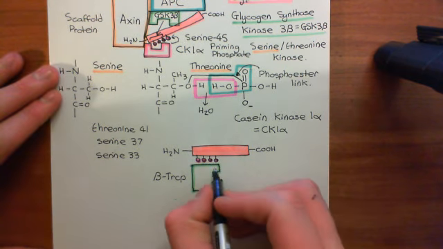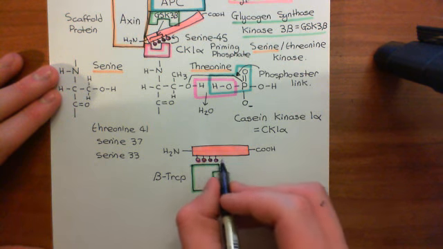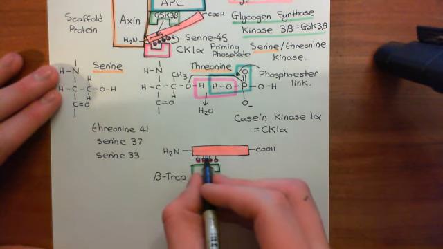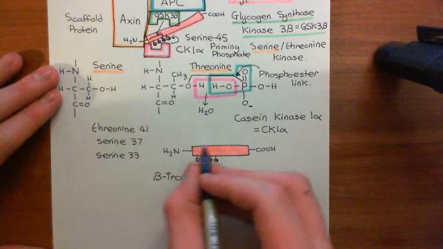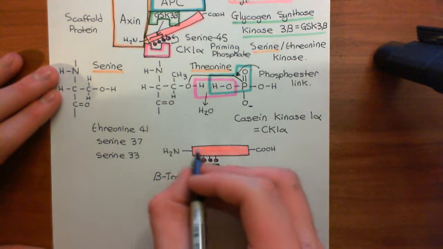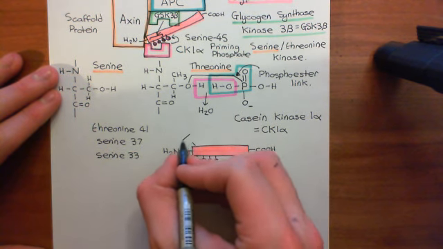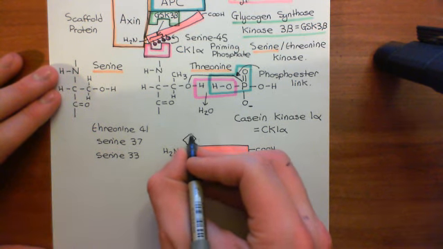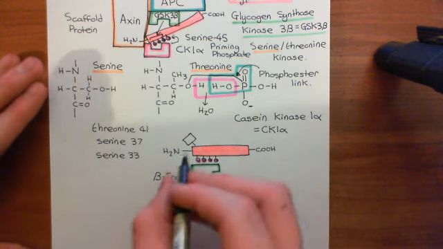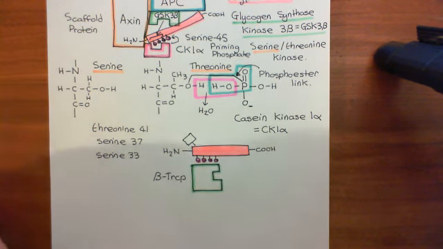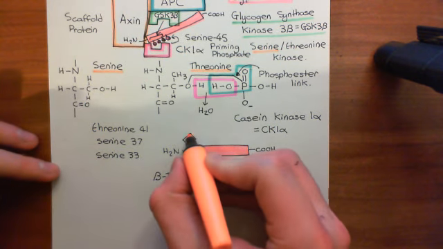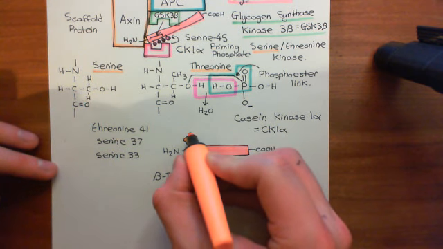Okay, so what's going to happen now is that it's going to stick a ubiquitin group onto the beta-catenin molecule. Okay, so we'll stick it on here. So here is the beta-catenin molecule that's now got this ubiquitin group stuck onto it, and I'll colour this ubiquitin group in orange here.